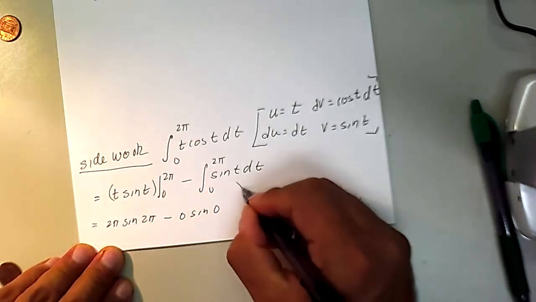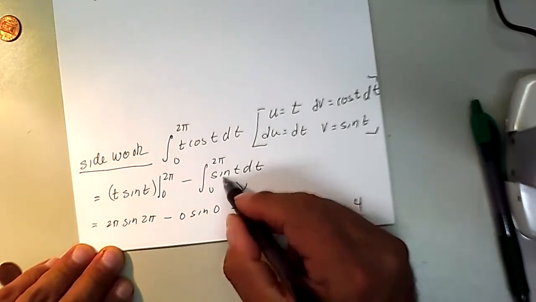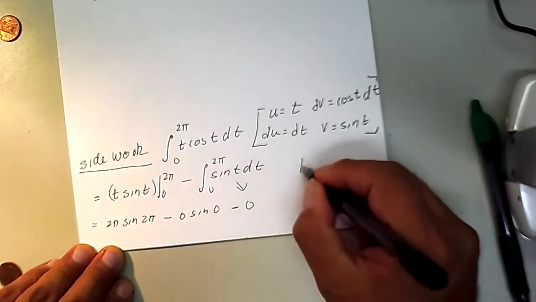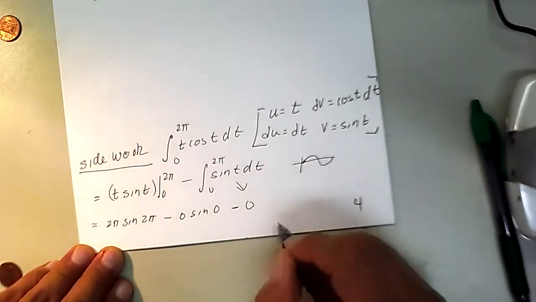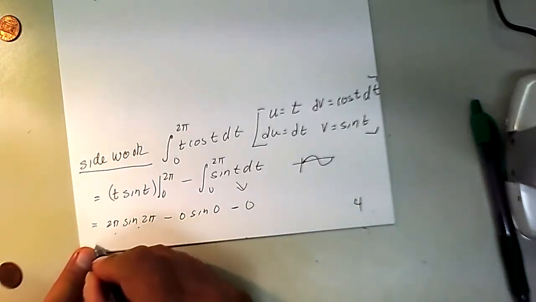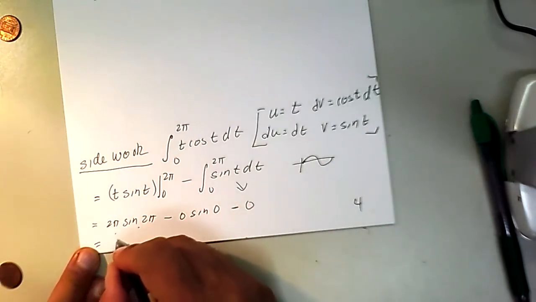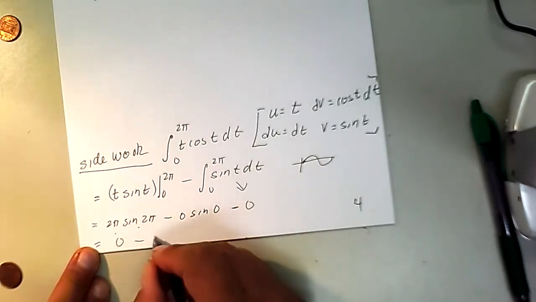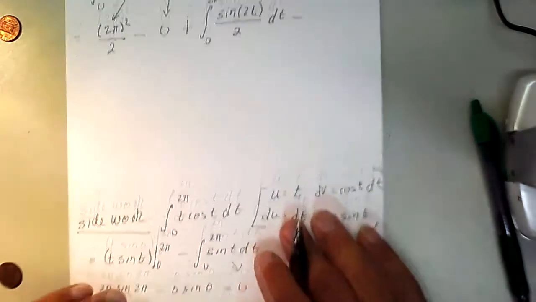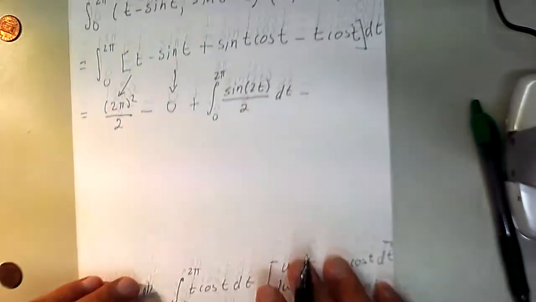And this integral, again, by the same argument we had earlier, will be 0. We're integrating just sine from 0 to 2 pi, so we get 0. And sine of 2 pi, again, is 0. So the whole thing, we're doing all of this to get just 0. So this is really 0 minus that, 0 minus this 0. So the whole thing is 0. Okay, so that integral, but you have to show, you know, some of the work.